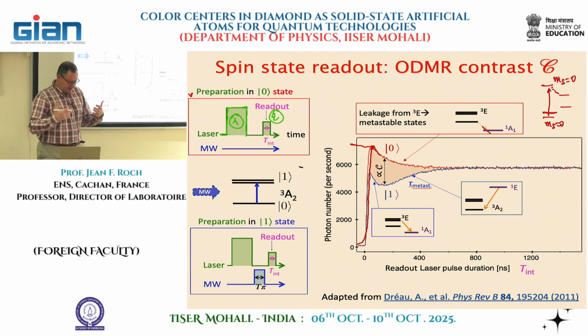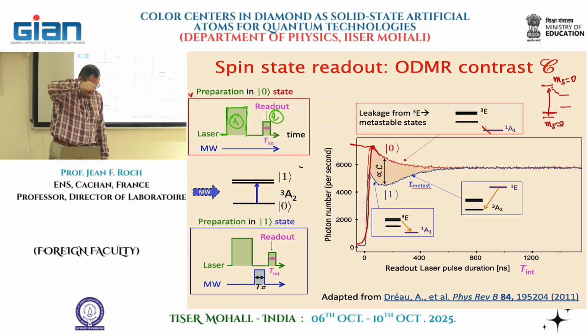Okay, there is interaction with the system so that somehow you come back also to the ms equal -1 system. So what you see is a decrease of the intensity. Okay, and the decrease of the intensity occurs typically within a microsecond.